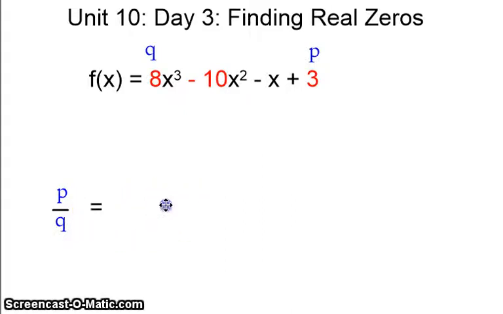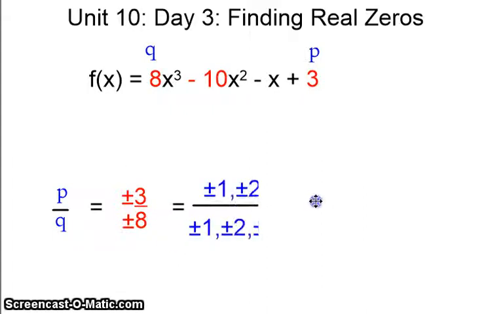In our example, P is 3 and Q is 8. We also have to include positive and negative numbers. So first we have to identify the factors of P and the factors of Q, or the factors of 3 and the factors of 8. The factors of 3 are 1 and 3, and the factors of 8 are 1, 2, 4, and 8.